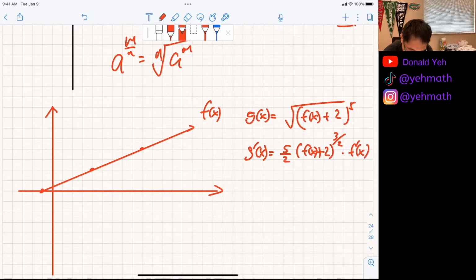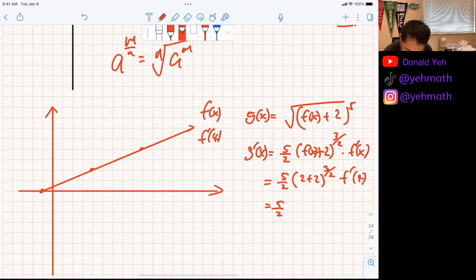So if I plug in f prime of 4 here, it'll be 5 over 2 times f of 4, which is 2, plus 2 to the 3 over 2 times f prime of 4. f prime of 4 is what? 2 over 5, I think.